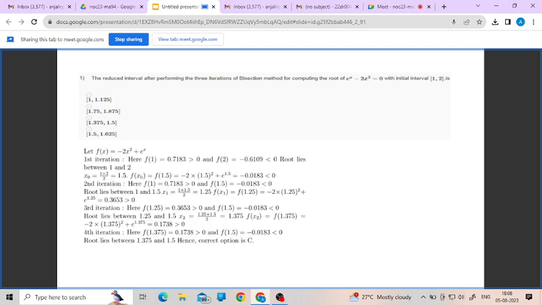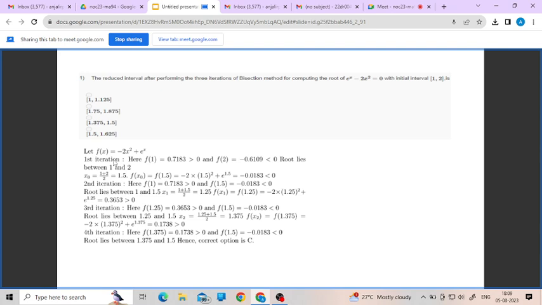So here we have f(x) = -2x^2 + e^x. Okay, so first iteration of bisection method we have to perform. For bisection method, we need to find 2 points such that at one point we get a positive value of the function and at the second point we get a negative value.